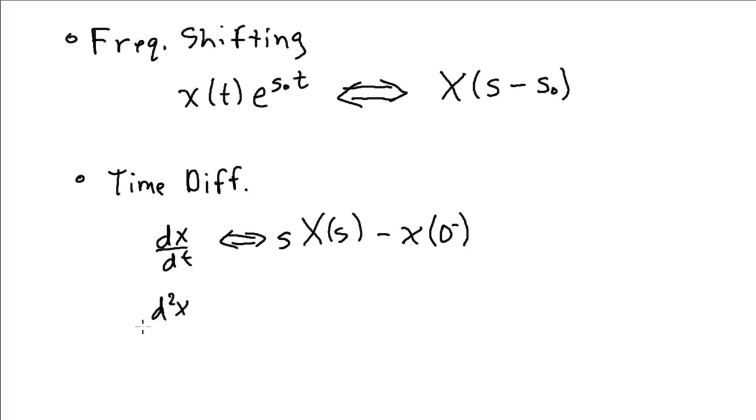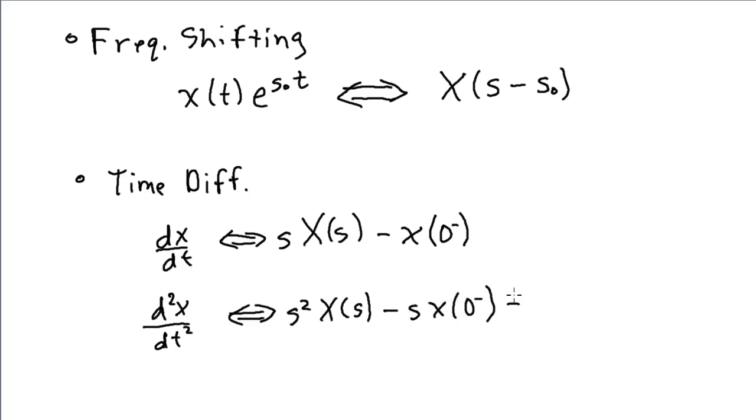Further extend this to the second derivative of x with respect to t. It transforms as, it would be this times s, so we'd have s squared X of s minus s x of 0 minus, and then minus now the first derivative, which I'll just denote as x dot because the notation's a little simpler, evaluated at 0 minus, and so on and so forth.